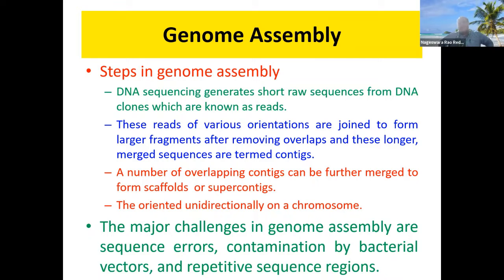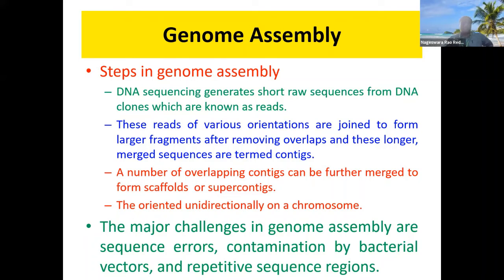Second step, these reads of various orientations, they can be 5' to 3' or 3' to 5', are joined to form larger fragments. Reads are joined to form larger fragments after removing overlaps, and these longer merged sequences are now termed contigs.